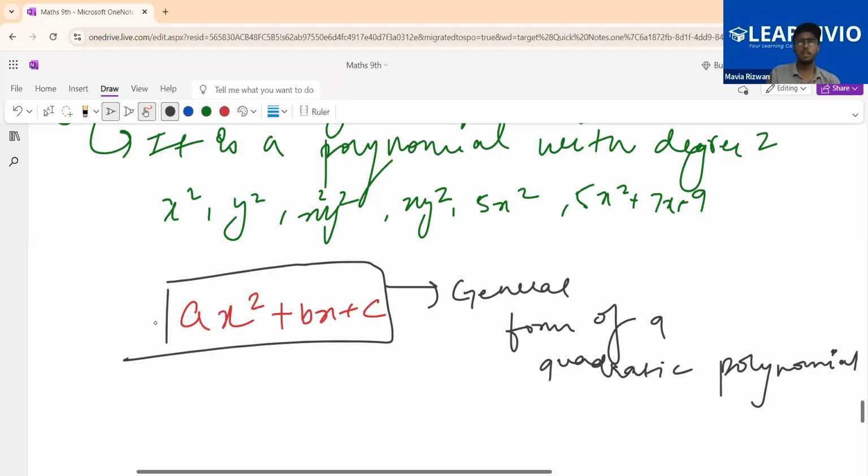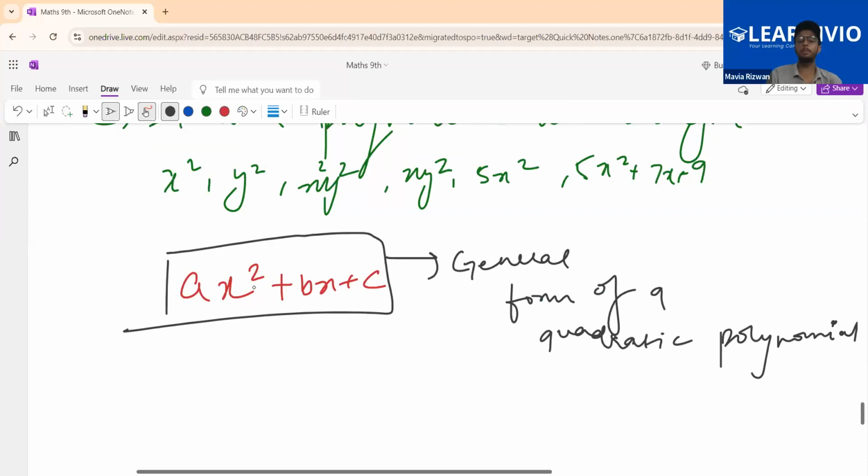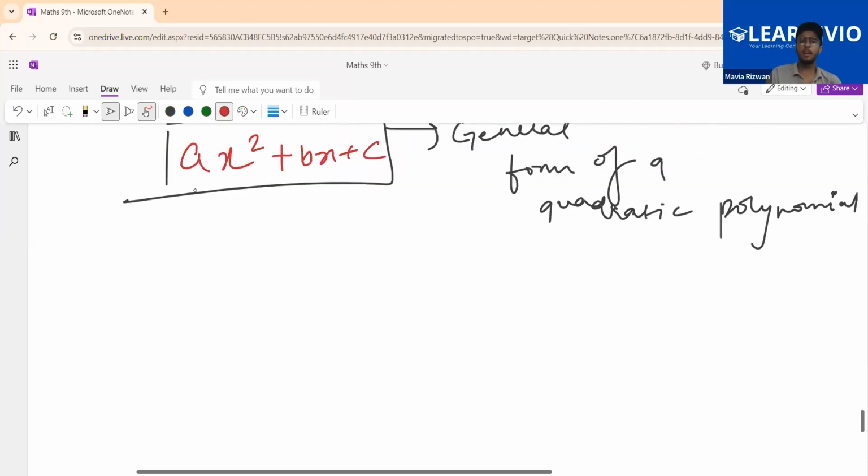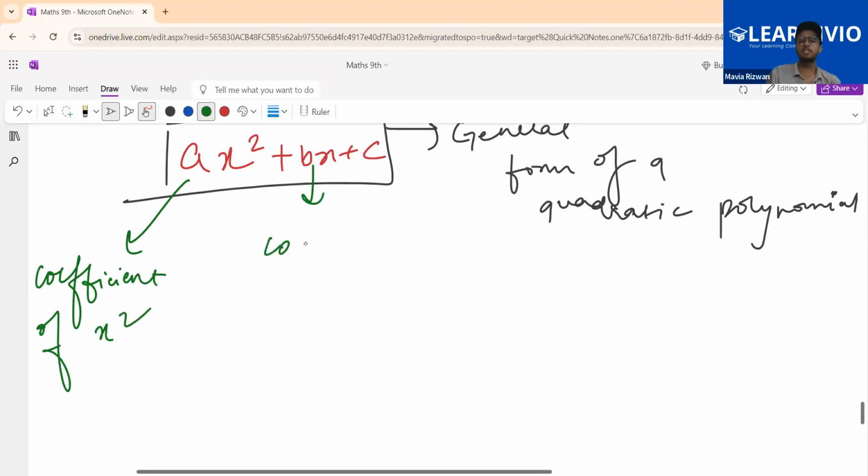It is a general form of a quadratic polynomial. See, now here a is the coefficient of x square, b is the coefficient of x, c is the constant.